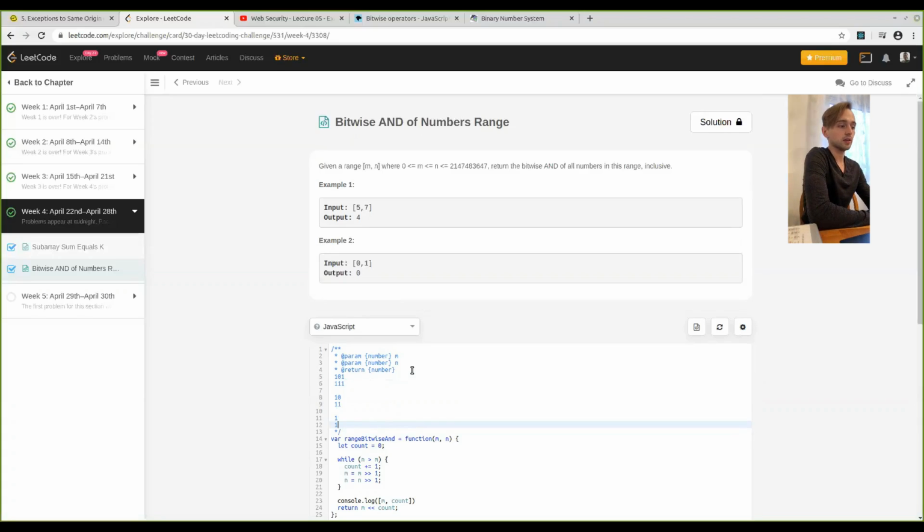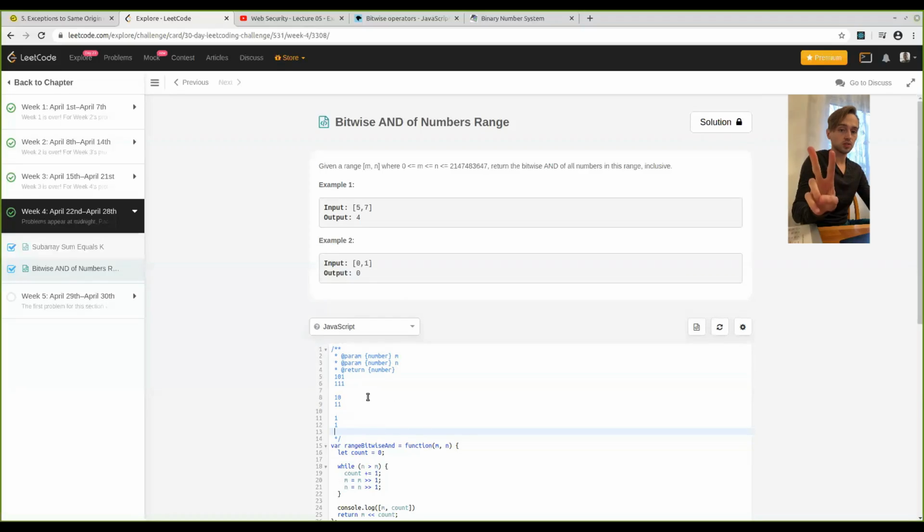So our count would be 2. We had to shift two spaces in binary representation to find where they're equal. Once we find that, if we shift m by the amount represented by count, we find the bitwise AND of the entire number range.